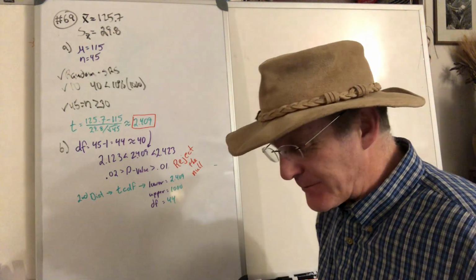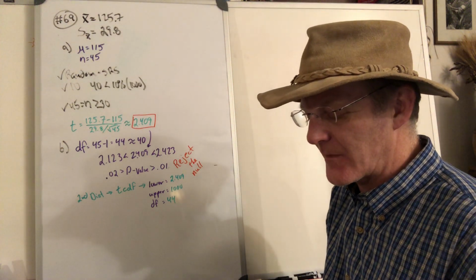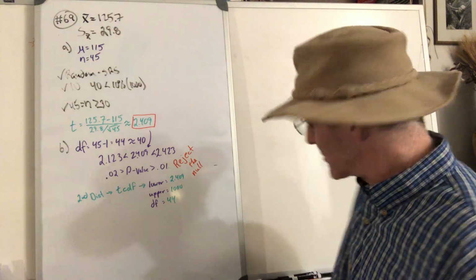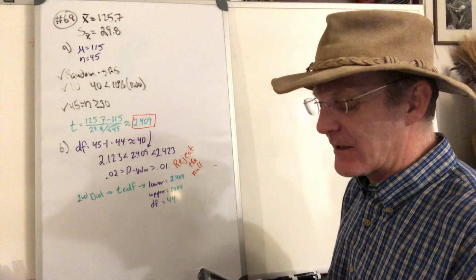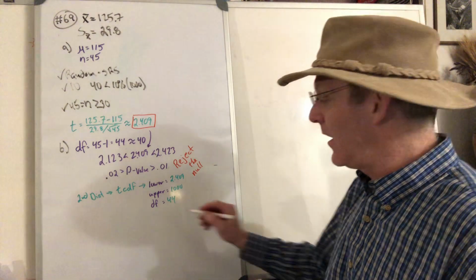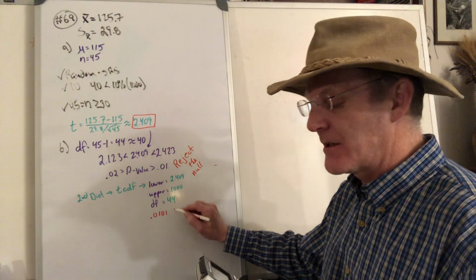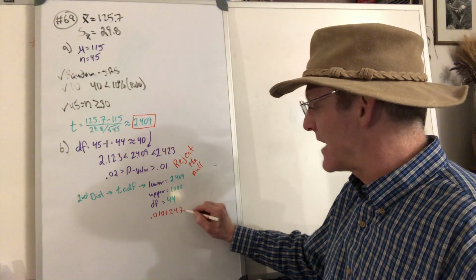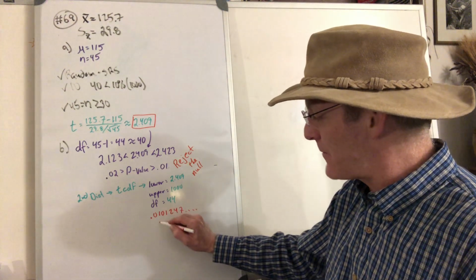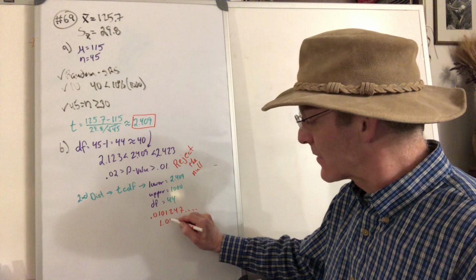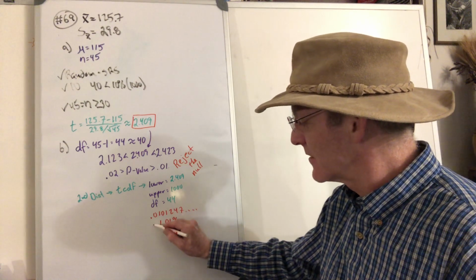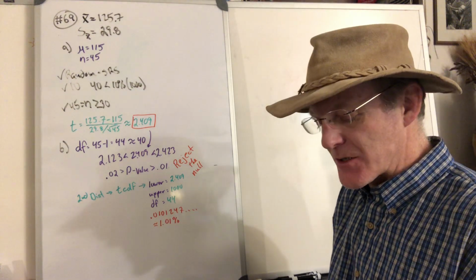So when we do that, hit paste or enter, and we end up with our final answer of 0.0101247, and so on. So in other words, 1.01% approximately.